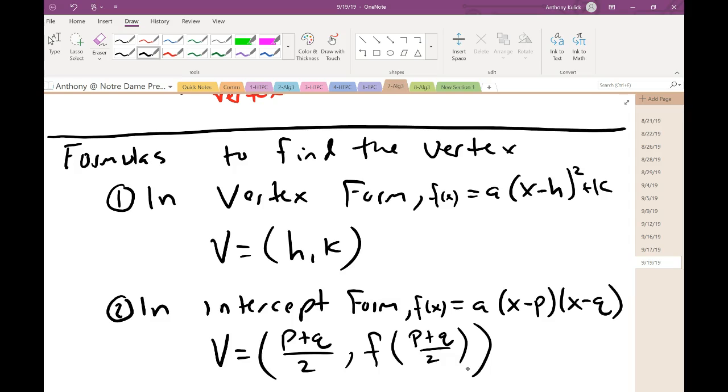It means that we're going to plug that number in for x into the equation for f. So basically what we're saying here for intercept form is we can find the x-coordinate by doing p plus q divided by 2. And then we'll take that answer and plug it back into our f of x equation to get the y-coordinate.